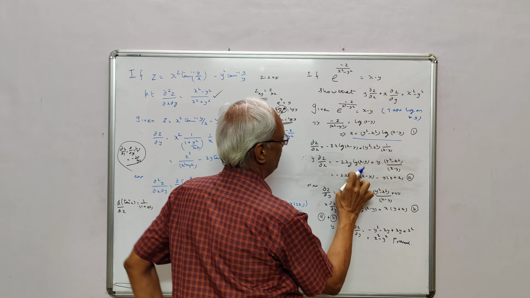Differentiation of log x is 1 by x. So I differentiate this as 1 by x minus y, but again the function x minus y has to be differentiated with respect to itself. Differentiation of x with respect to itself is 1, therefore I don't write it. So it is 1 by x minus y.